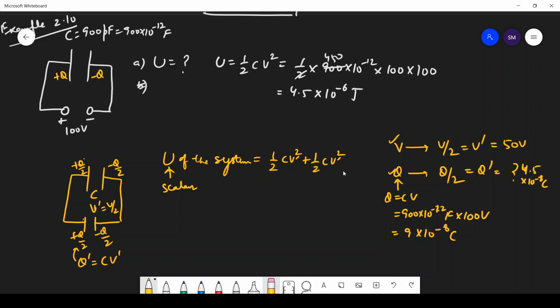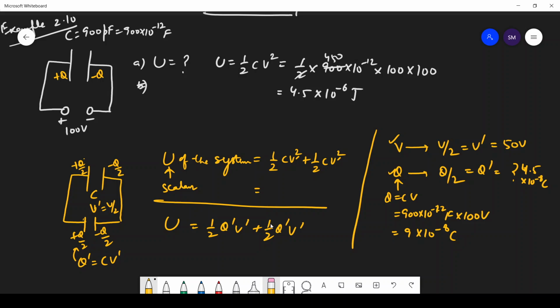Capacitance is the same. So it's your choice, students, whether you want to find it with this formula or with this one, half Q dash V dash plus half Q dash V dash. Simply you can put the values.